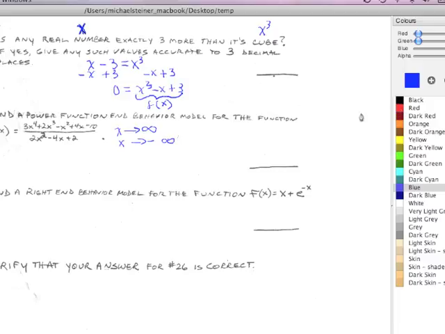So the power function, I hope I'm saying this right, would be 3x to the fourth over 2x squared.